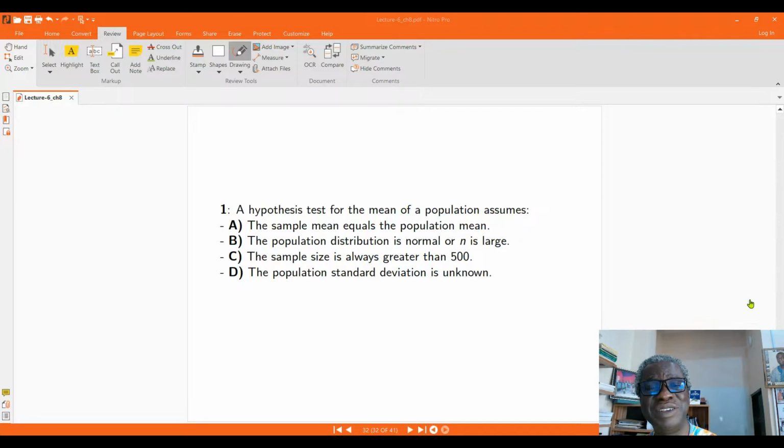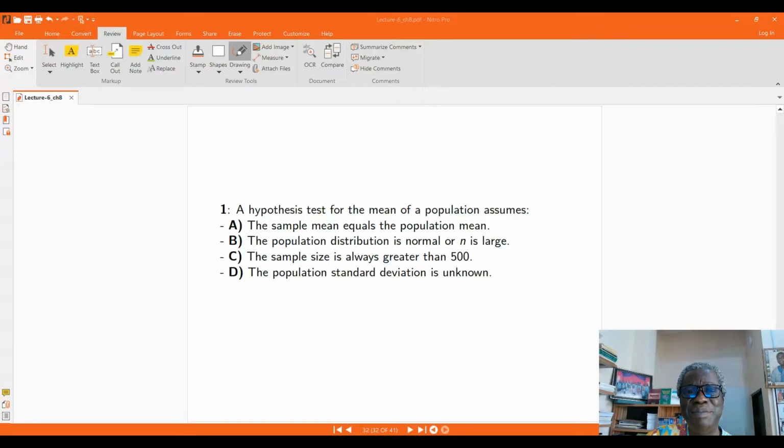So question 1, what's your choice? A hypothesis test for the mean of a population assumes what? A, the sample mean equals the population mean. B, the population distribution is normal or N is large.